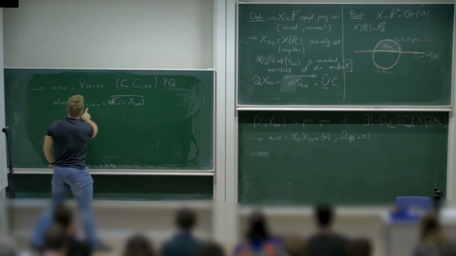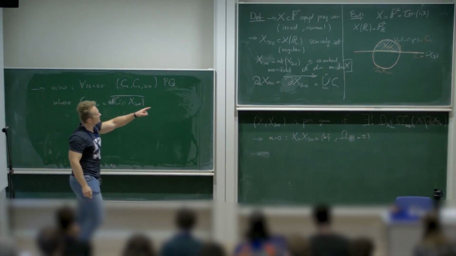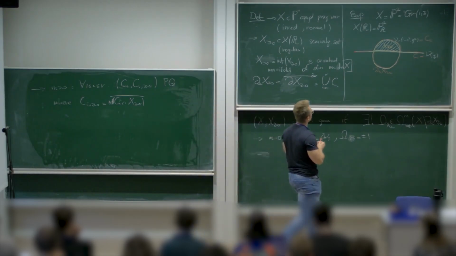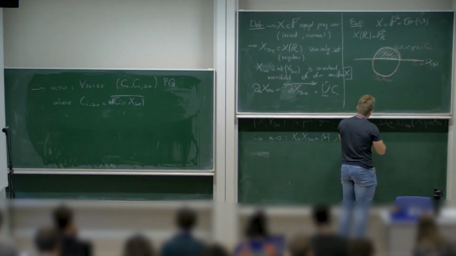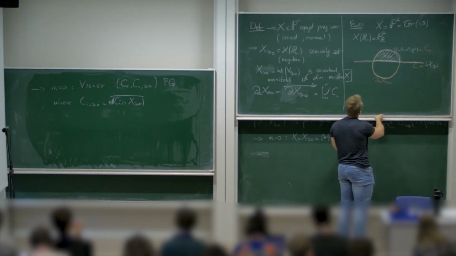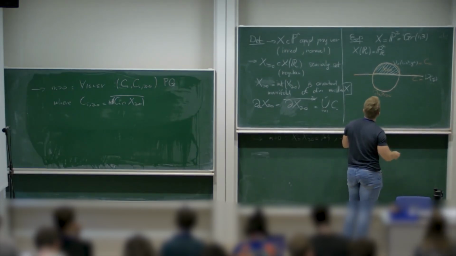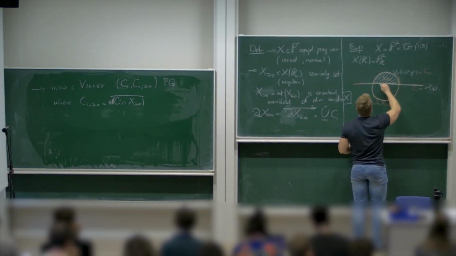So what are these? Ci, I told you, are the components of the algebraic boundary, and the Ci greater or equal than 0 are those parts of the algebraic boundary that intersect my semi-algebraic set.